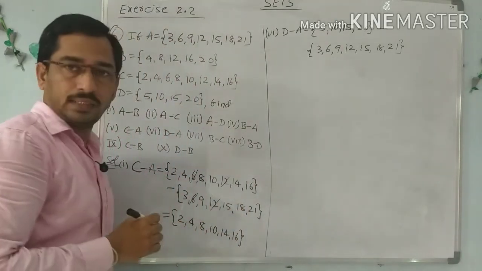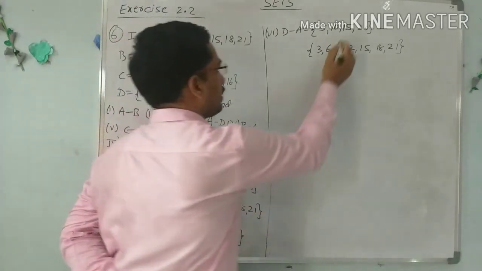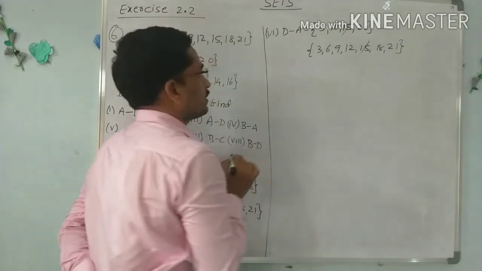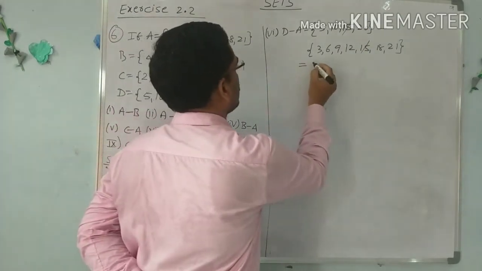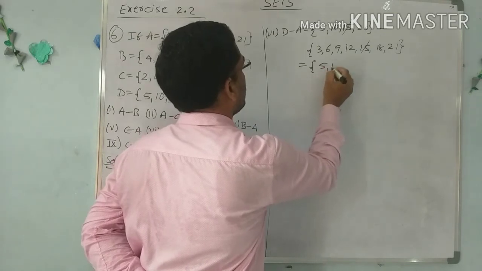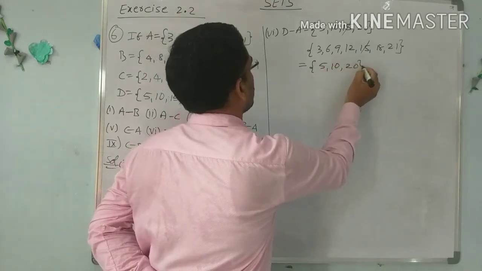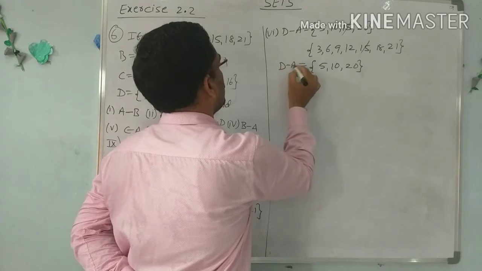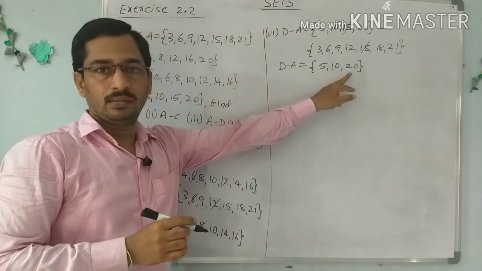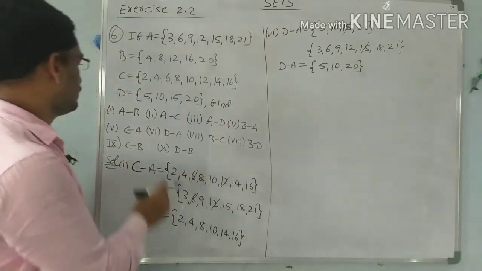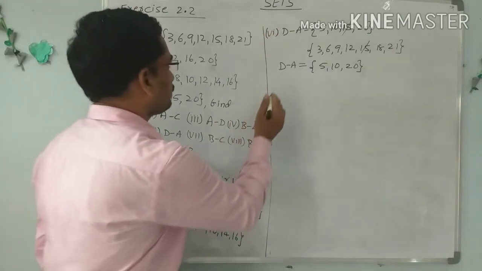Now first cancel the common elements. What are the common elements? 15 is common, so only one element is common. Write the remaining elements: 5, 10, 20. So these are the remaining elements of set D. So D minus A equals 5, 10, 20. Next, the seventh problem.